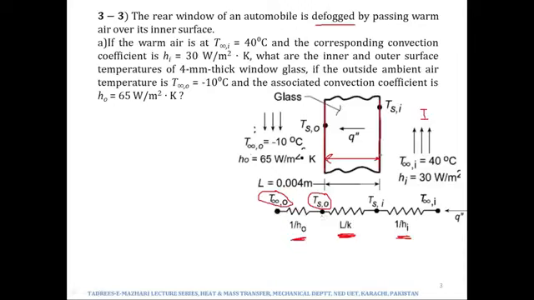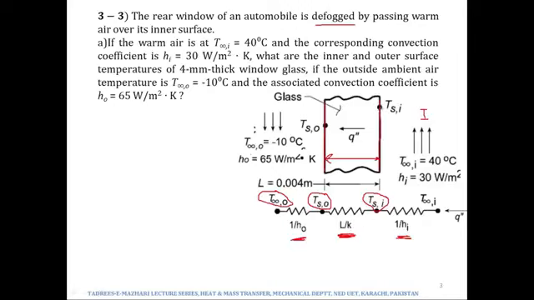Similarly, the conduction is taking place through the thickness of the glass, and the glass faces are at temperatures of Ts0 and Tsi. In fact, we have to find out Ts0 and Tsi. These are the two unknowns. So between these two nodes we would have the conductive resistance offered by the glass material, L over KA.